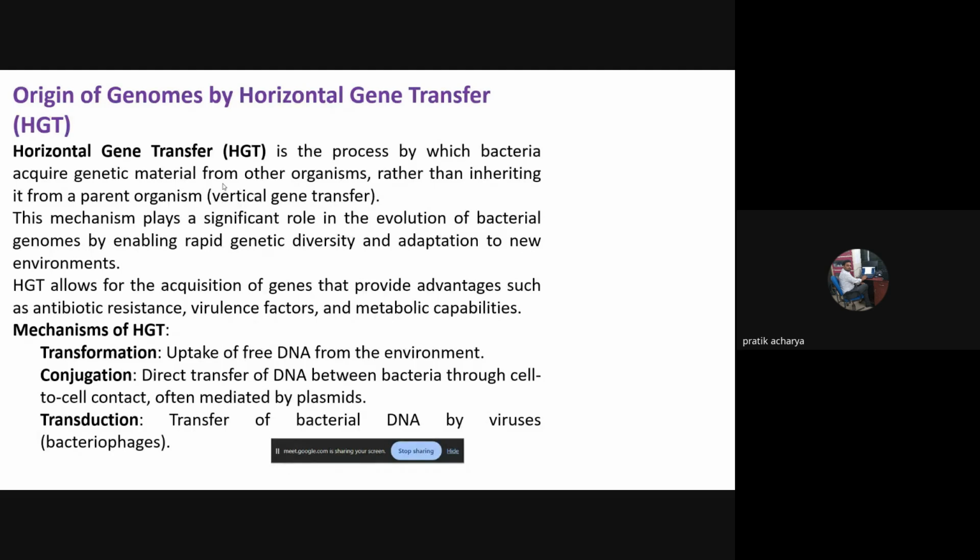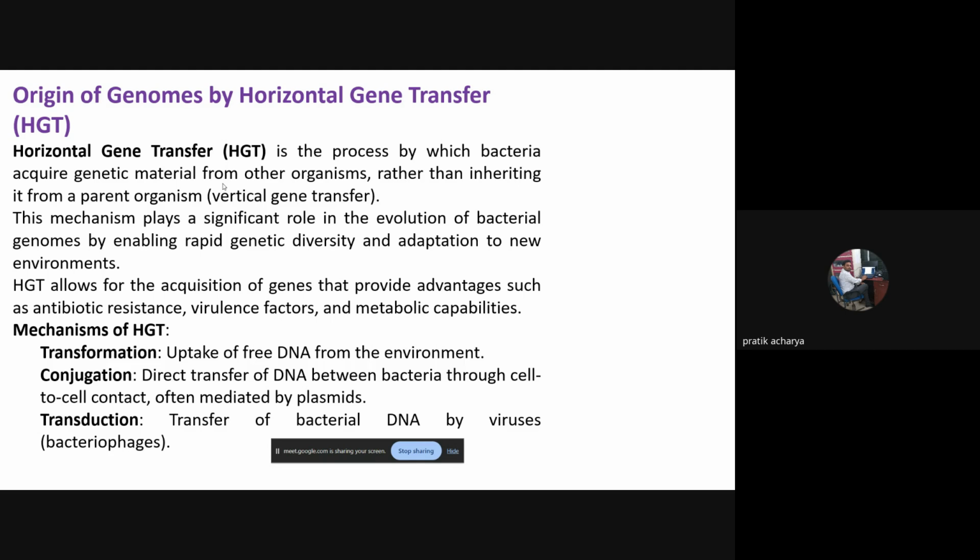That mechanism played a significant role in the evolution of bacteria, because so many other factors are responsible for bacterial evolution. If gene transfer within the same species occurs, that does not lead to immediate evolution of the species or change in the species in a very fast manner.